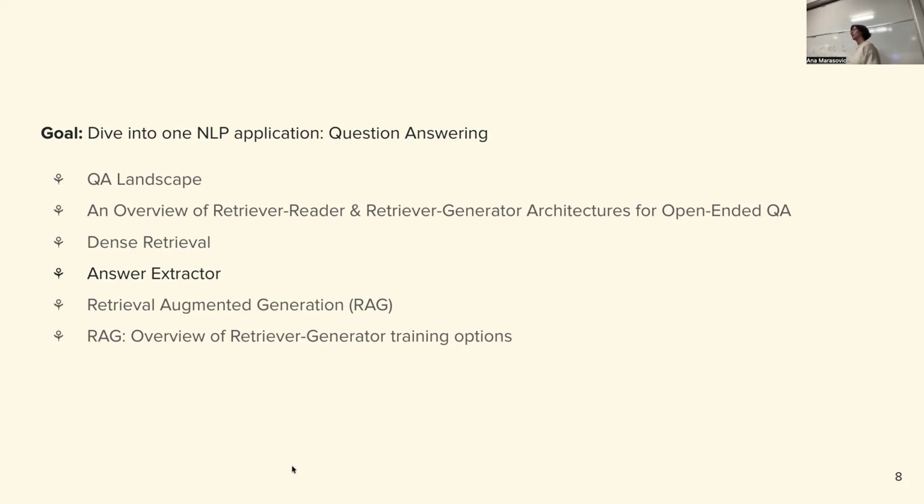Imagine I have calculated the probability that this is a start or end at every token position. How can I use this information to predict the answer span? How can I choose one span to present?